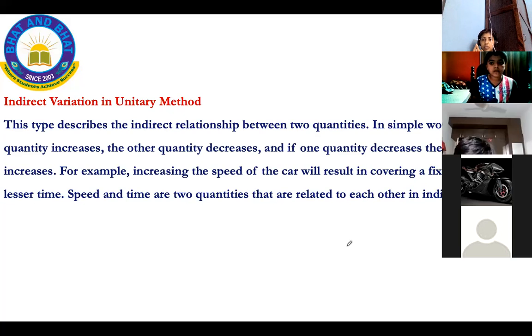Understood, ma'am. Understood? Now, if your home and school are at a distance of 10 kilometers, and for 10 kilometers you go at some speed every day, today you increase the speed and you go for half an hour. Now, what will happen?